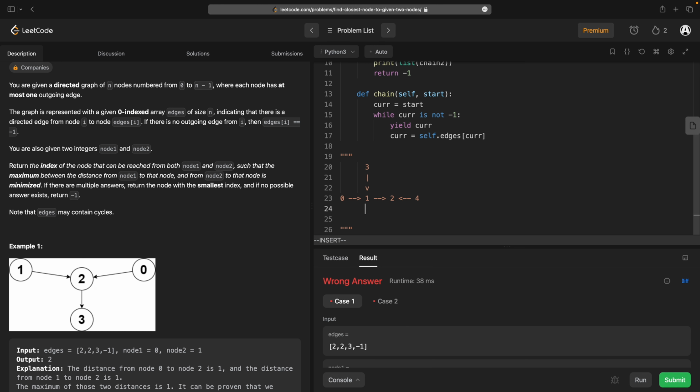Can we have this setup where 1 goes to 2 and 2 goes to 1?